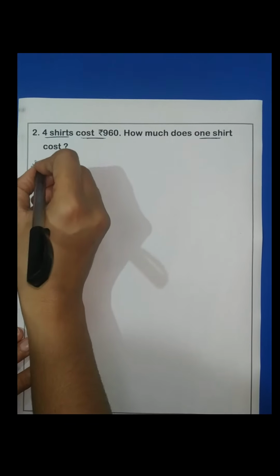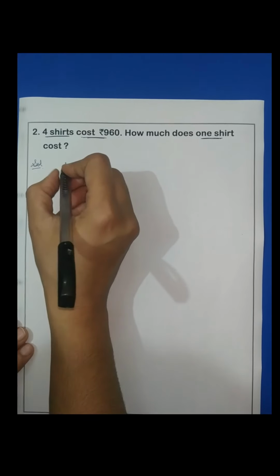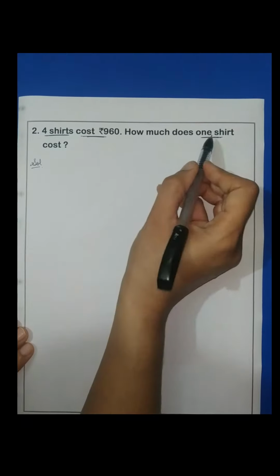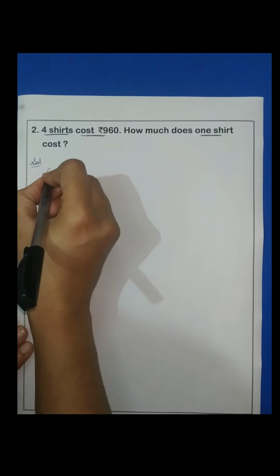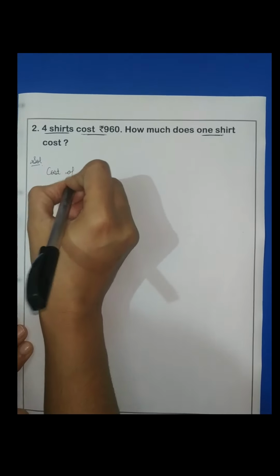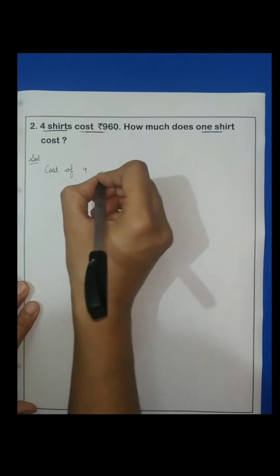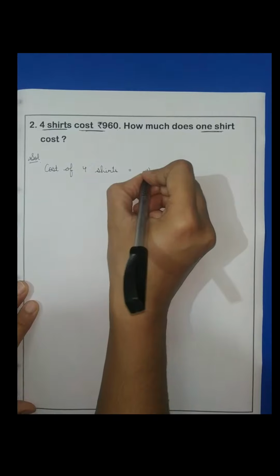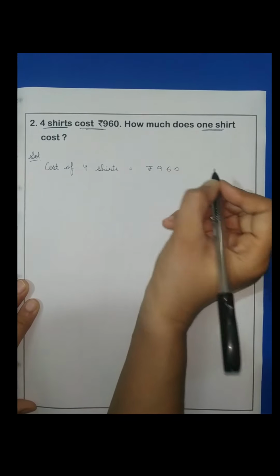Let's do again the division, because they have given the information about more and asking for 1. Write down cost of 4 shirts equals to rupees 960.